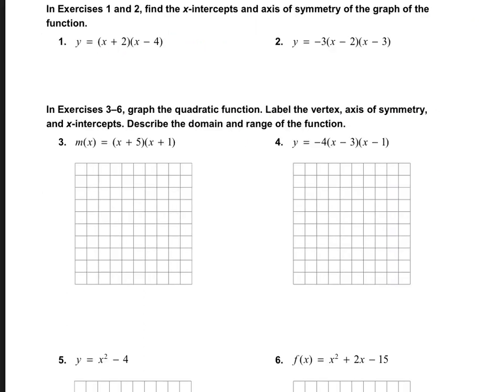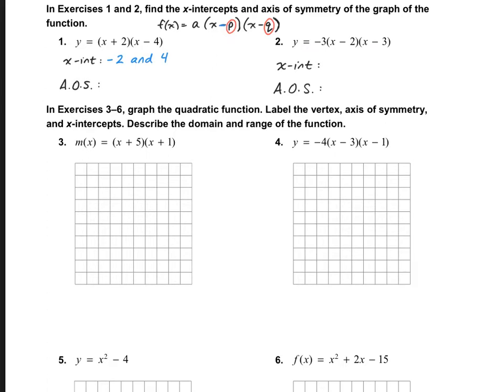Okay, moving on to the next page, we're going to try some practice problems. In exercises 1 and 2, we're asked to find the x-intercepts and the axis of symmetry. So I'm going to start with my intercept form, a parentheses x minus p, x minus q. Remember that p and q are my x-intercepts. So that means that the answer for number 1, the x-intercepts, would be -2 and +4.